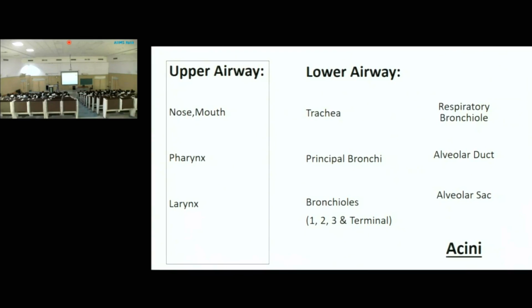So moving on. What are the structures that you will see in normal histology? That is also important, right? What will you see in the normal histology of a bronchus?